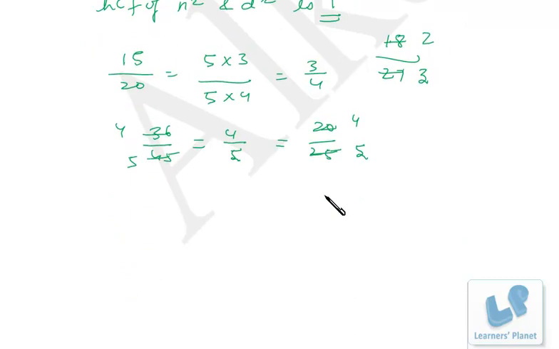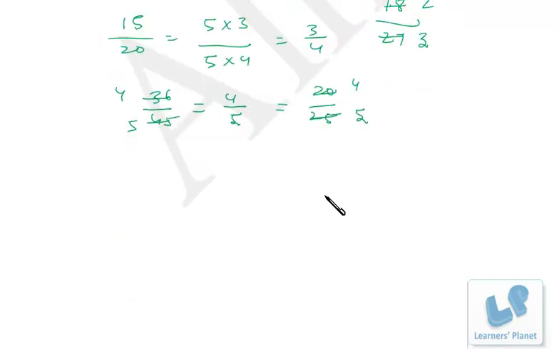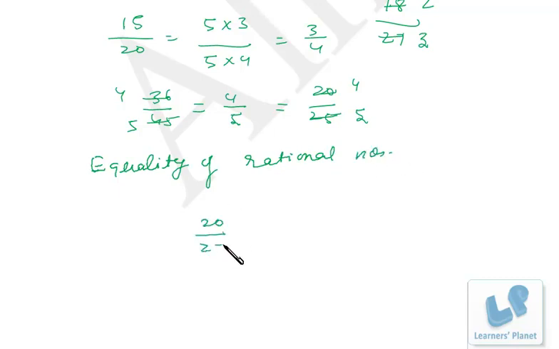Similarly, we can establish a funda over here, that is the equality of rational numbers. Now suppose I have maybe 20 by 25, right? And the other is 4 by 5. Now I have to check whether these two rational numbers are equal or not.